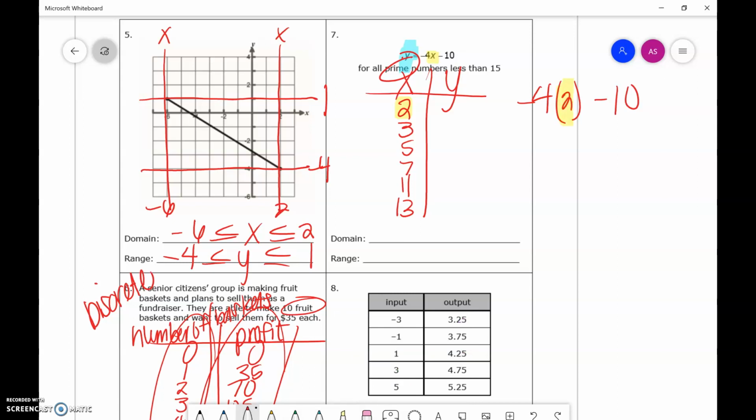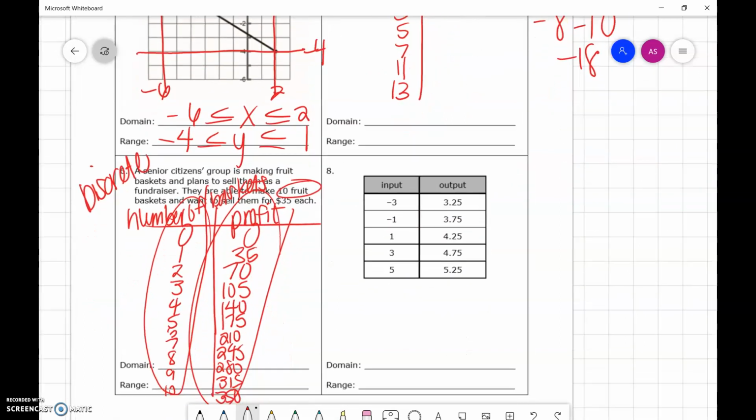Negative 4 times 2 is negative 8, minus 10 is negative 18. So when X is 2, Y is negative 18. I'm going to let you keep going on that because I'm running out of time on this video. You want to do that for all of your numbers. You may want to even use the calculator so you don't have to use all that scratch work.